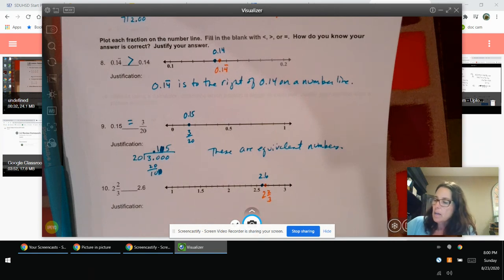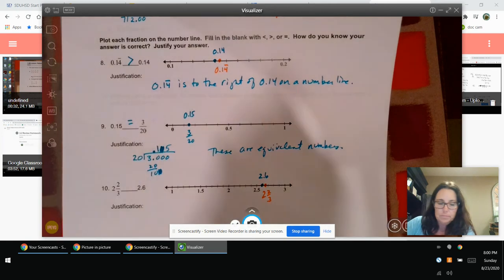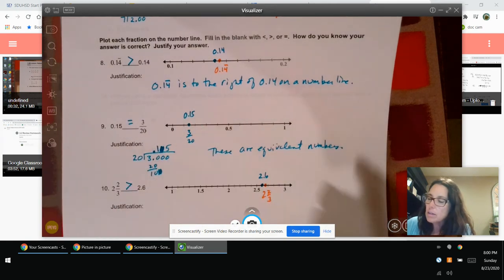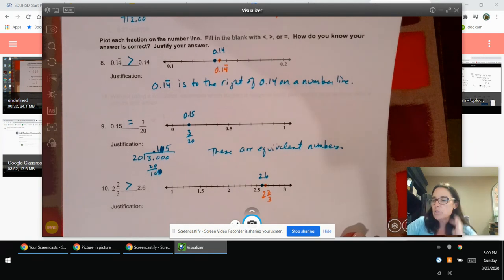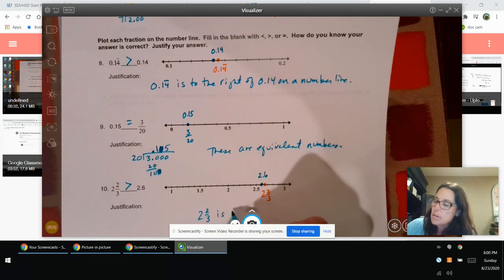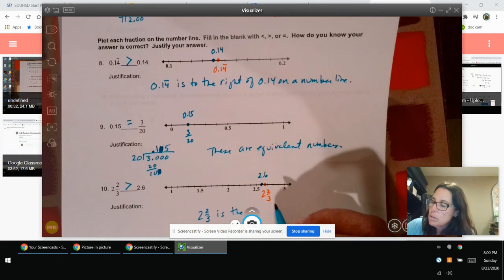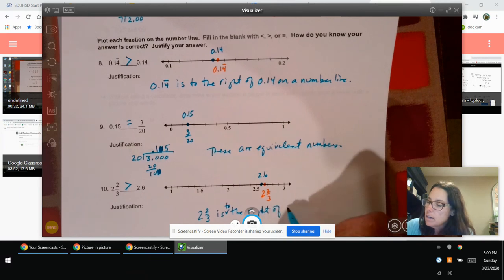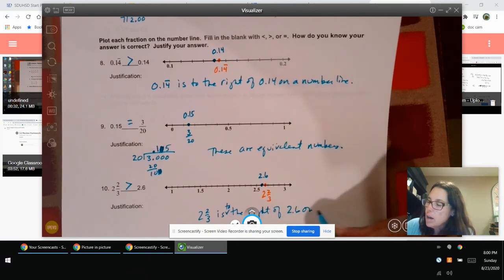Okay. All right. So we've got 2 2/3 is larger. So 2 2/3 is to the right of 2.6 on a number line.